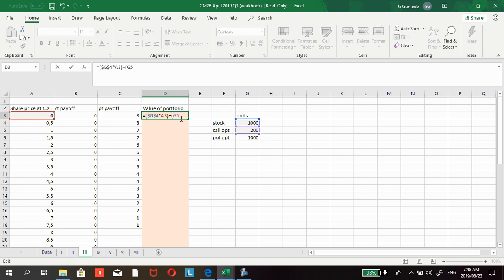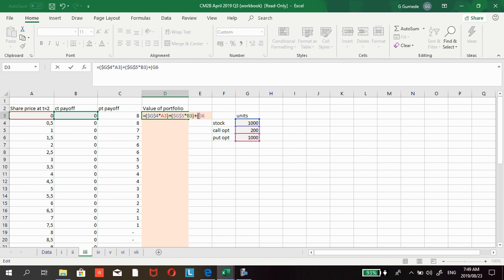Now I want to lock that, so I'm going to put $, and I'm going to multiply this by the payoff of the call option, which is here. And there I'm going to add the units under the put option.